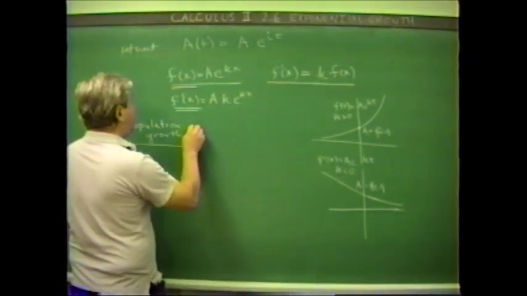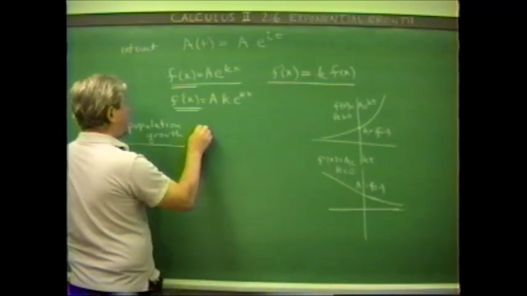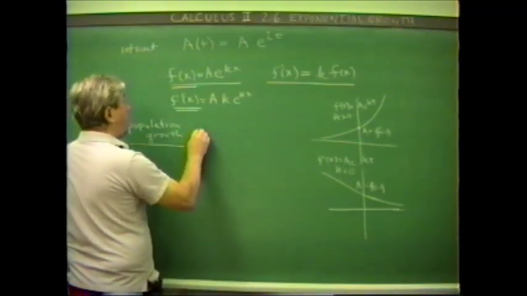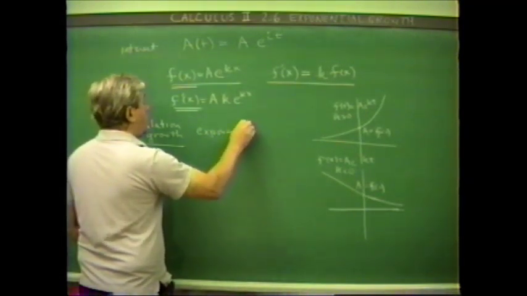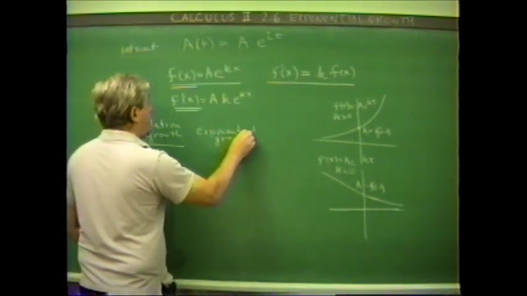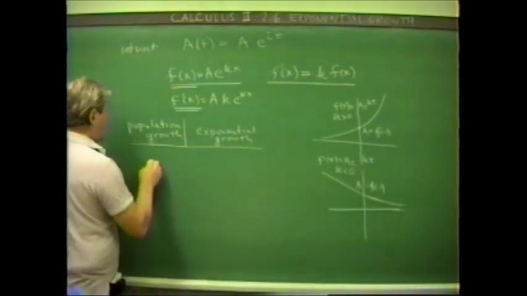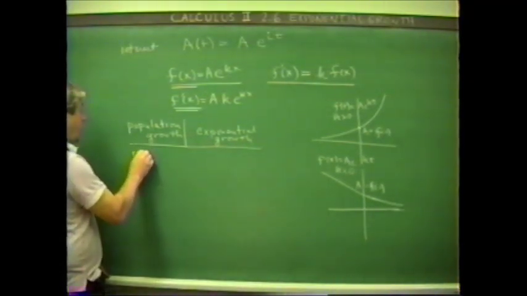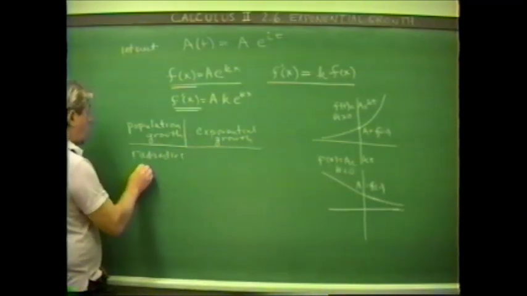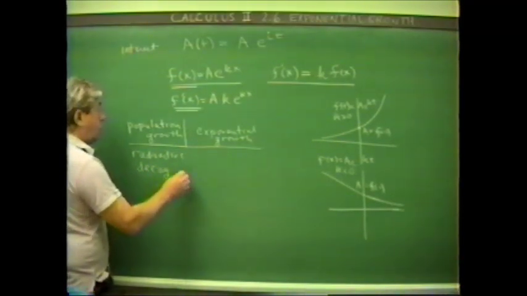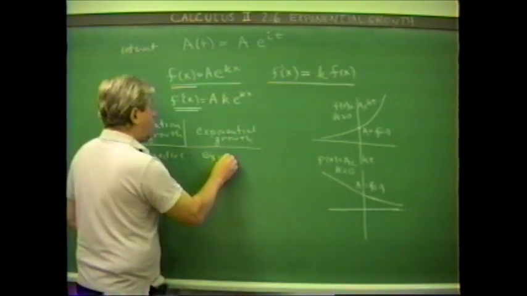Population growth is an example of exponential growth. Radioactive decay is an example of exponential decay.